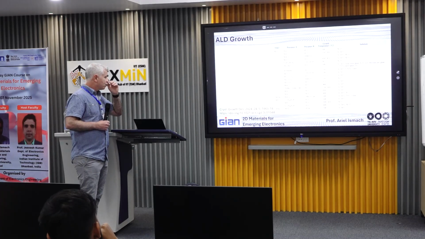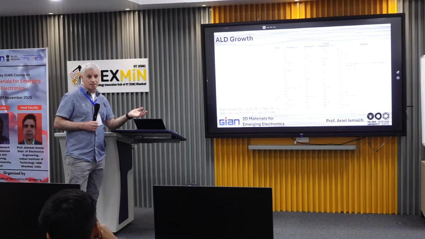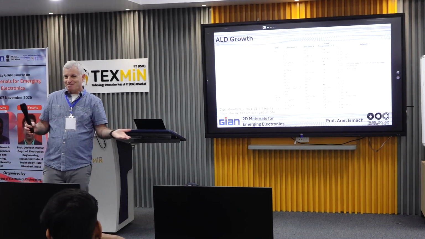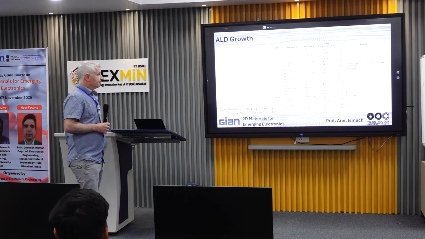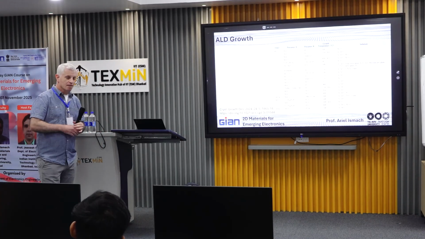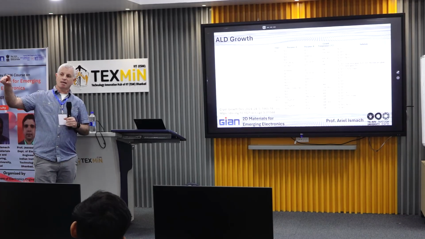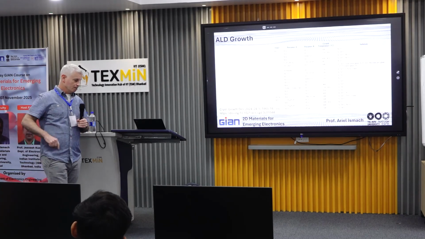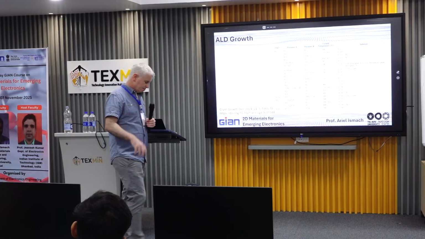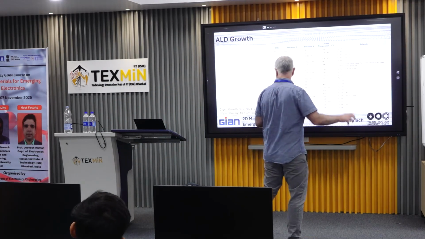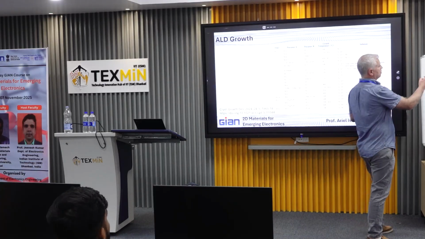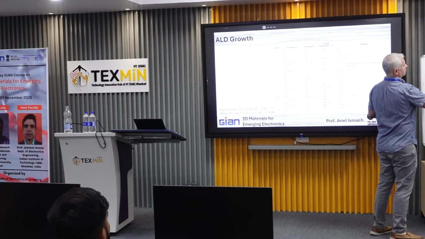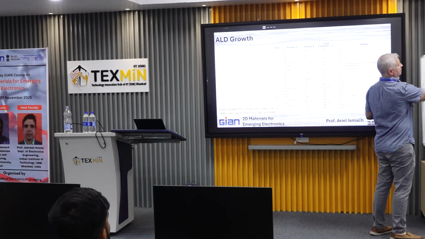So lastly, a few words about ALD. I told you, ALD, atomic layer deposition, should be the best way to deposit atomic layers. But it's not. And it's not because, you remember the characteristic diagram of the ALD deposition, or the growth mechanism. You have a parameter window, a temperature window, a very specific one to get ALD.